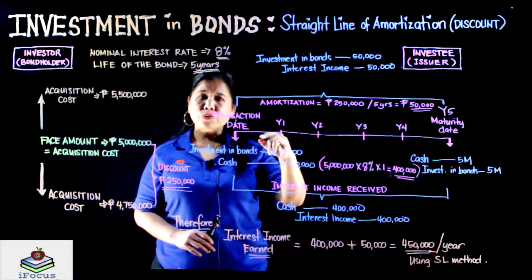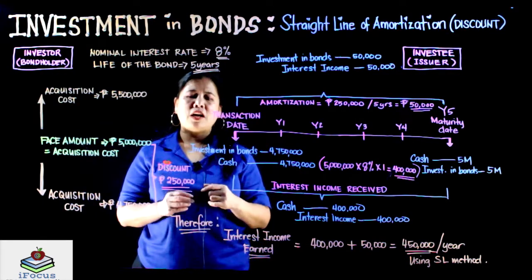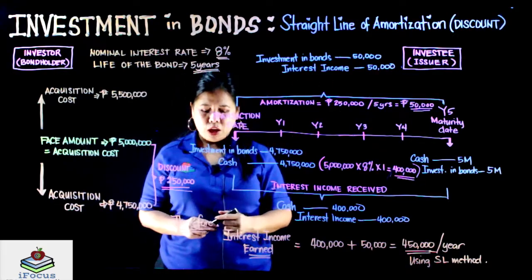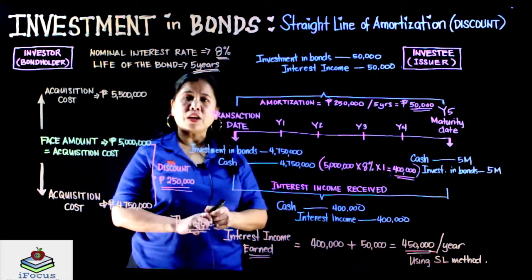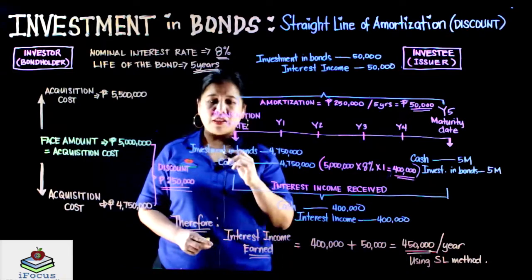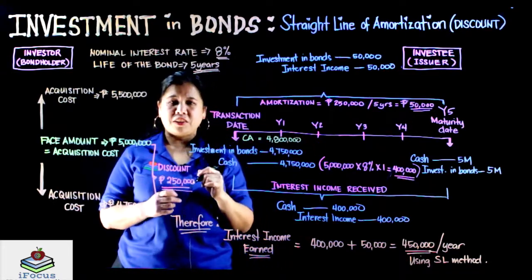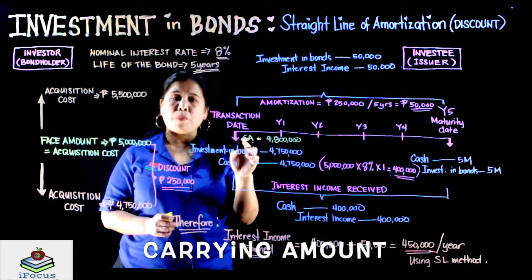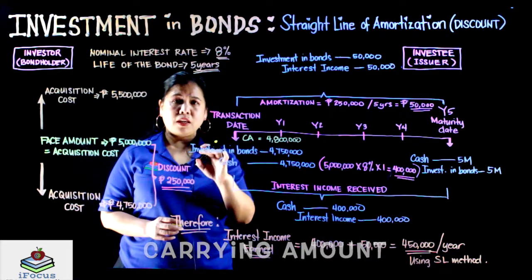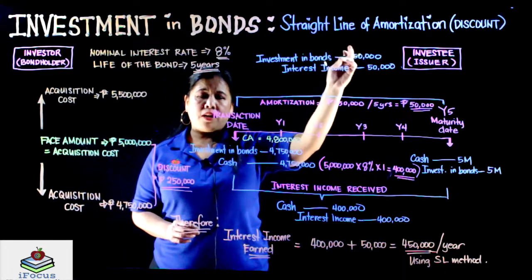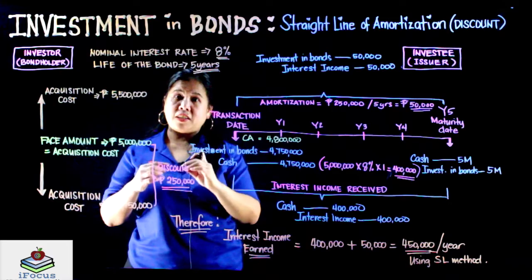So, on year 1, ang carrying amount na ng investment in bonds mo ay i-add natin yung 50,000. So, therefore, 4,800,000 na ang carrying amount ng iyong investment in bonds dahil nagdagdag tayo ng 50,000 na amortization natin sa discount.